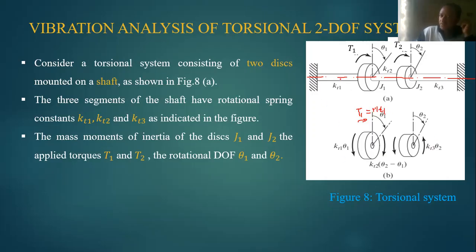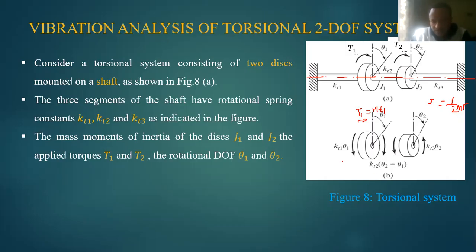The stiffness to this side is KT1, stiffness at the middle KT2, stiffness to this direction KT3. And the mass moment of inertia of the discs are J1 and J2, where J is 1/2 MR squared, mass times R squared, the mass is given.